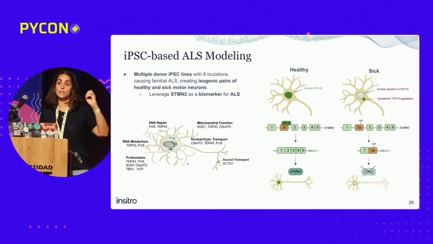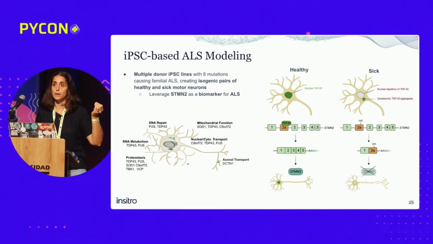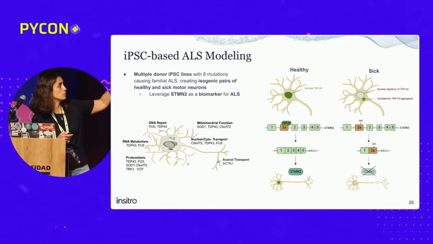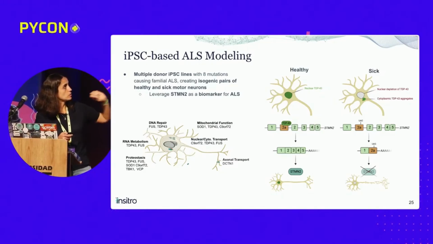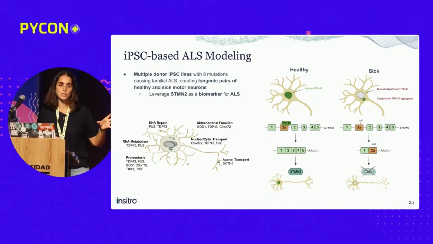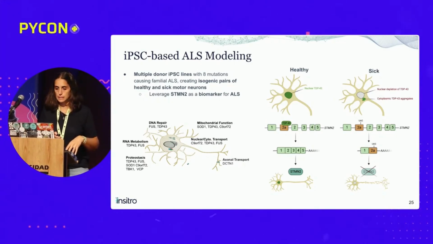When that protein is in the cytoplasm, you have different RNA species for STMN2, and this is why we can use it as a biomarker. A healthy cell is going to have nuclear TDP43 and normal STMN2, while a sick cell has cytoplasmic TDP43 and cryptic exons on STMN2. This is what is known to be really associated with the disease.